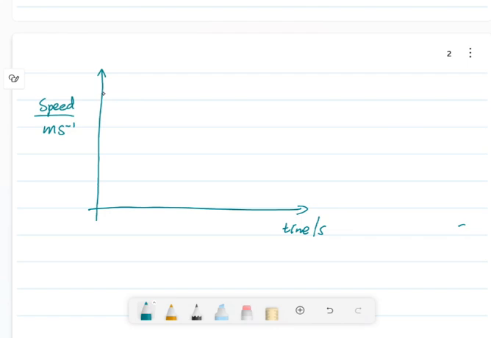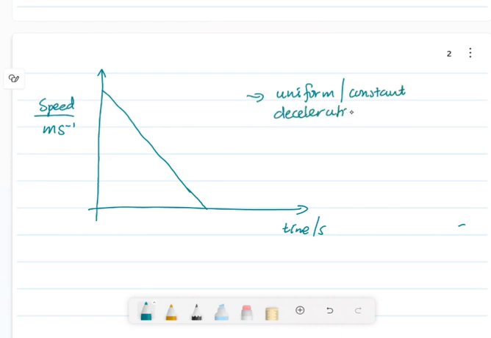If the line starts from the top going down like that, and it's a straight line, now this is uniform or constant deceleration. The other term for deceleration is retardation, but we rarely use this term.